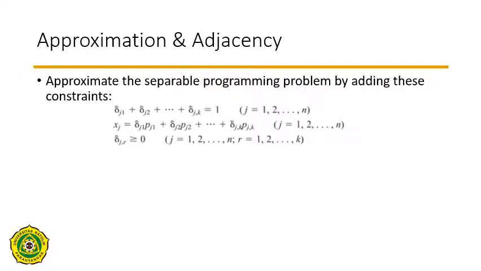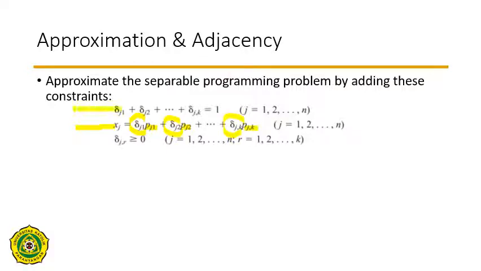Okay, so this is how we formally write down that we are going to approximate the variable, the objective function, and the constraints based on the grid points. First, for the variable, we write down in the constraint part that our xj is a linear combination of the grid points: grid point 1, grid point 2, up to grid point k, and then there are coefficients delta j1, delta j2, up to delta jk.